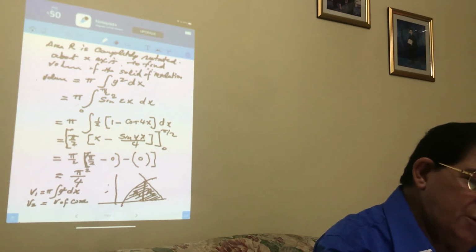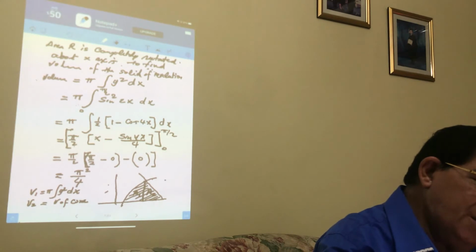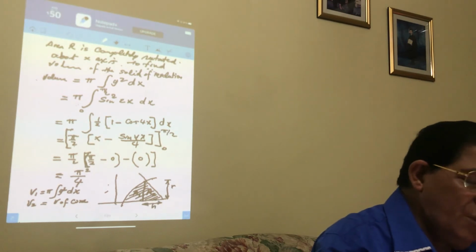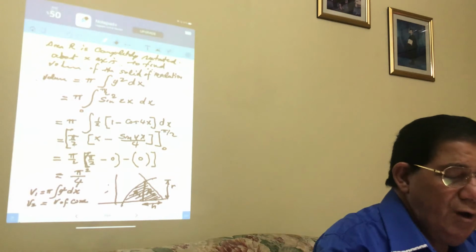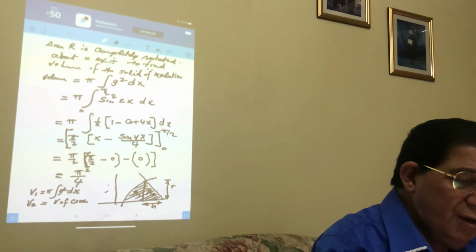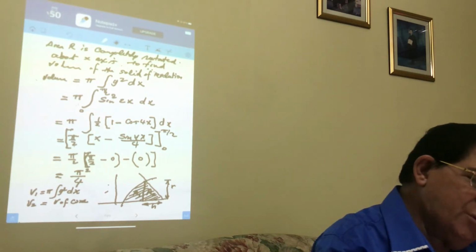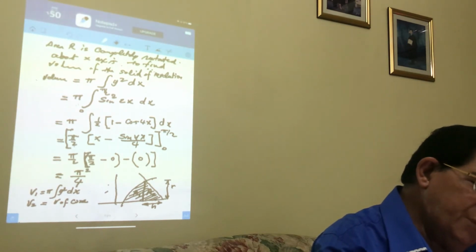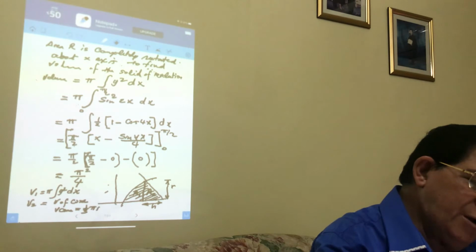This is the radius, and this is the height. And it will be mentioned in the question how to get the volume of a cone. The volume of the cone is 1/3 pi r squared h.